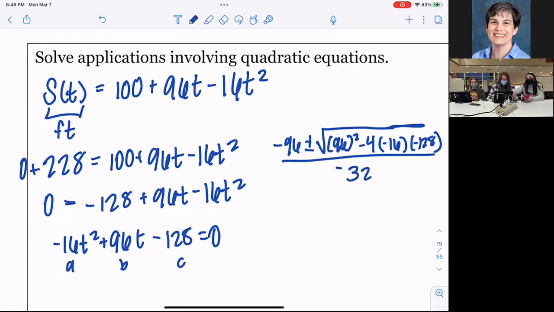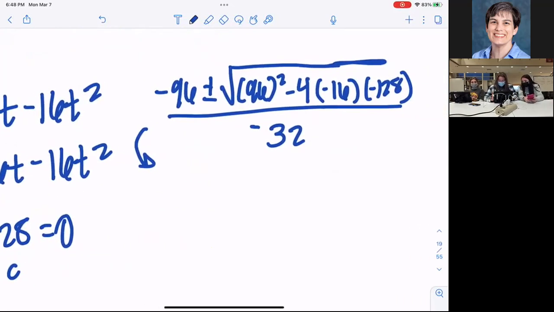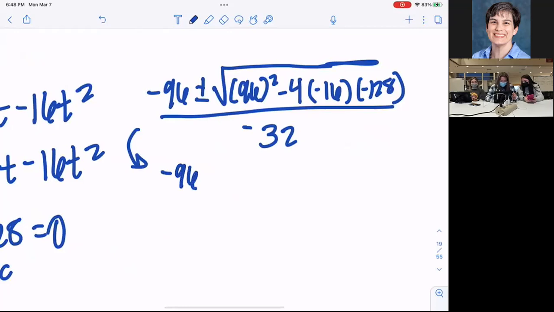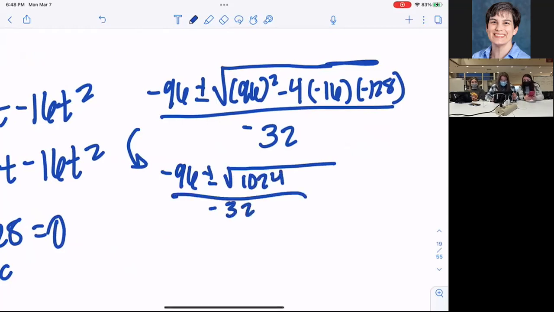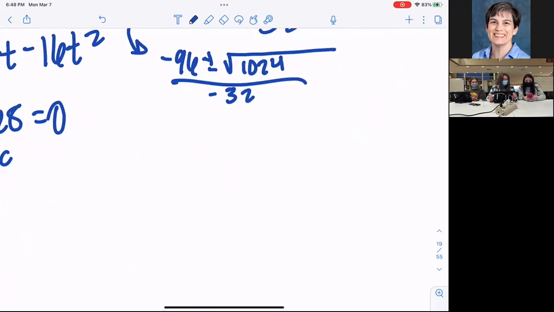Okay. Under the radical, I'm going to zoom in here. Negative 96 plus or minus the square root of 1024 over negative 32. All right, lovely. So the square root of 1024 is 32.